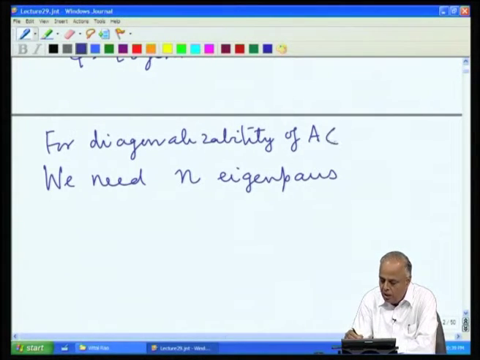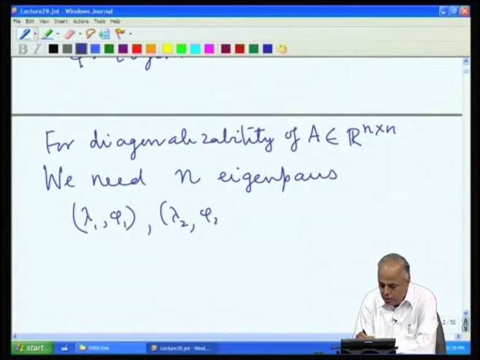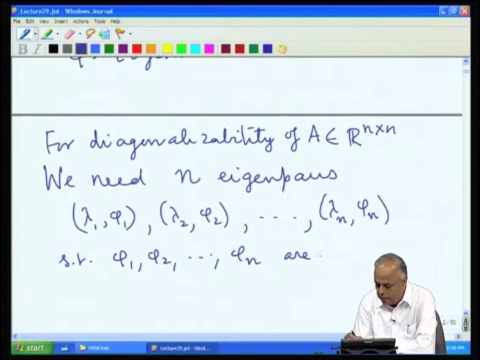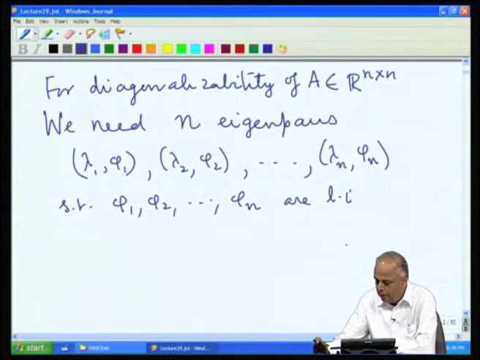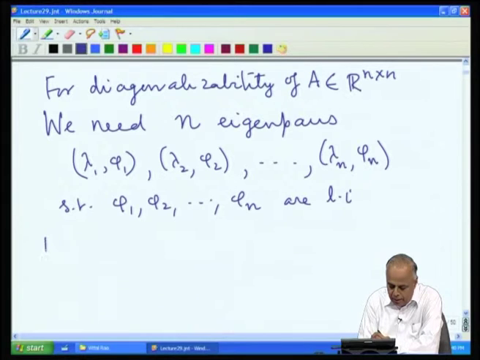If A is an n by n matrix, in order to diagonalize A, we need n eigenpairs lambda 1 phi 1, lambda 2 phi 2 and so on, lambda n phi n, such that phi 1, phi 2, phi n are linearly independent. The eigenvectors appearing in the eigenpairs must be linearly independent.